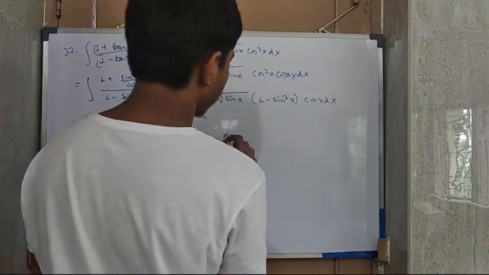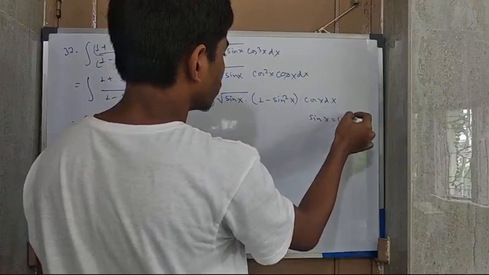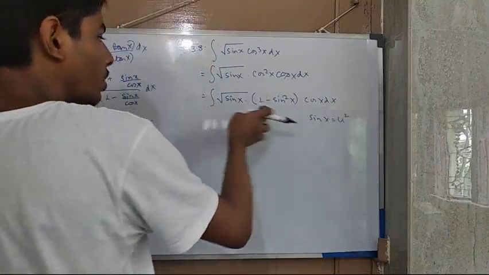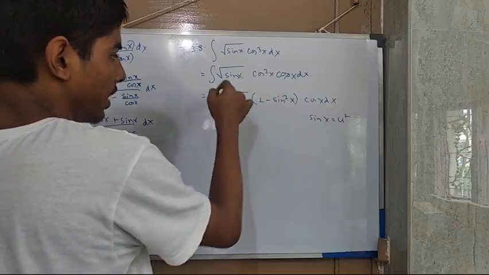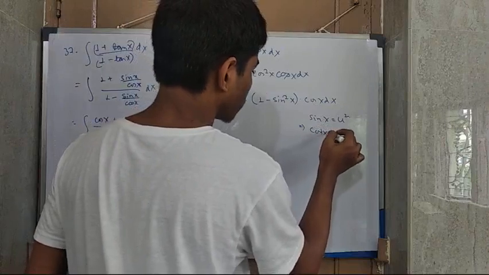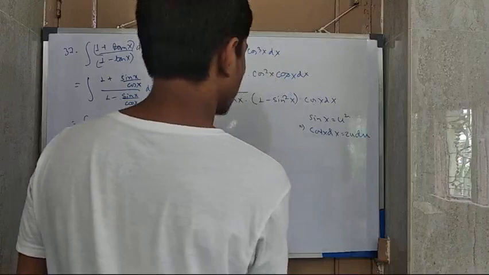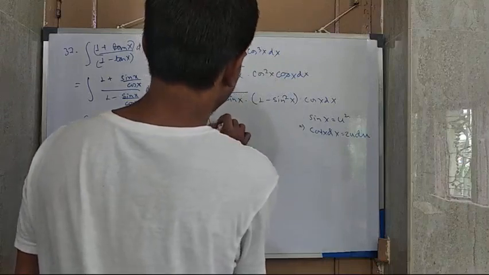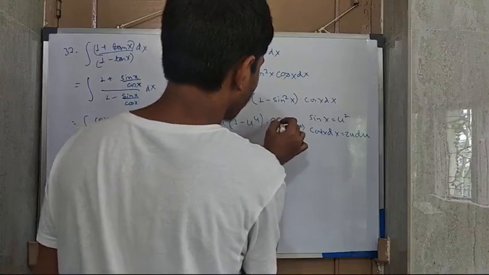So now I can put sine x equal to u squared. Why am I putting u squared? Because I don't have to deal with the root in the integration portion. So that means cos x dx is equal to 2u du. So this becomes u times 1 minus u to the power 4 times 2u du.